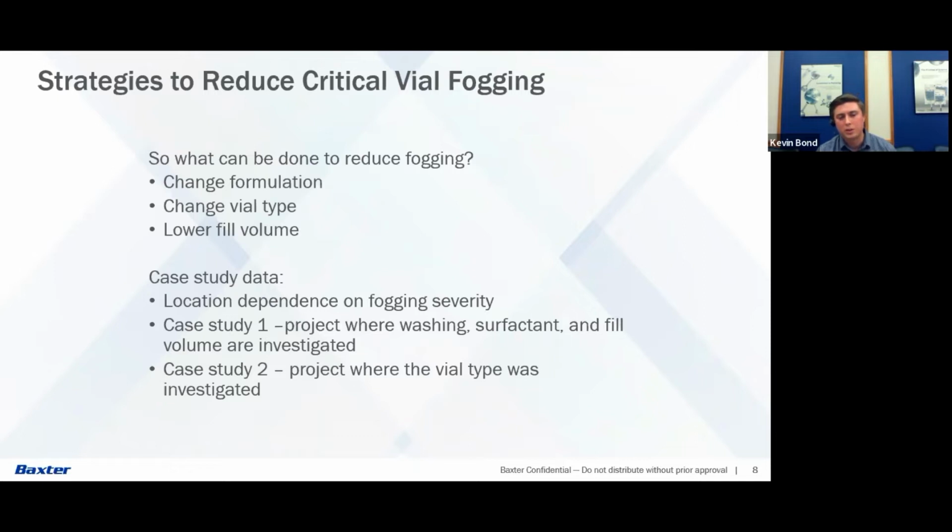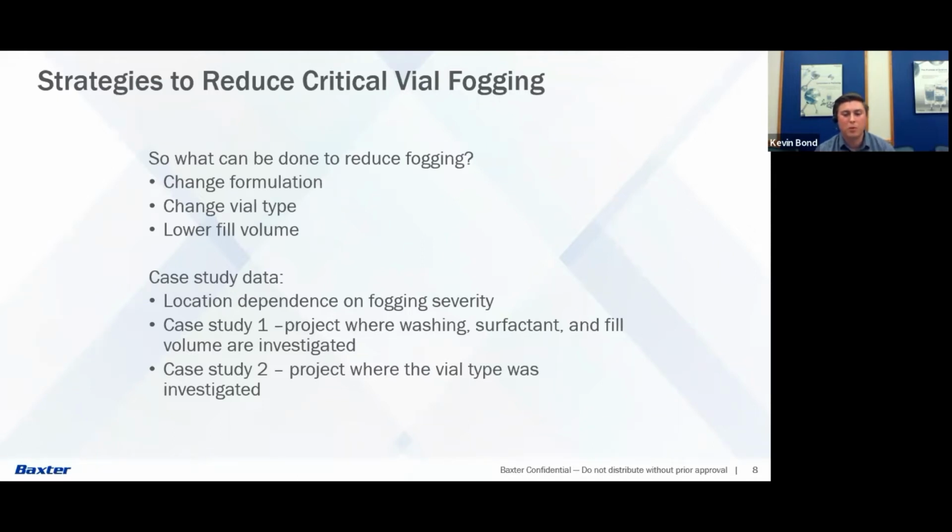So to illustrate some of these variables and strategies, I'll briefly touch on 2 case studies that we've conducted in our lab to highlight how vial fogging behavior changes with a variation of some of these factors we've discussed.